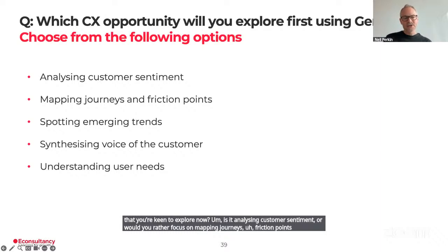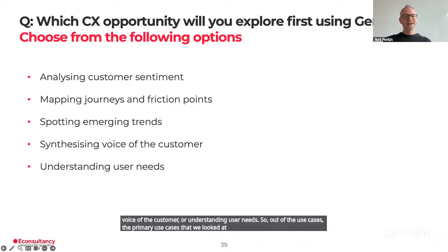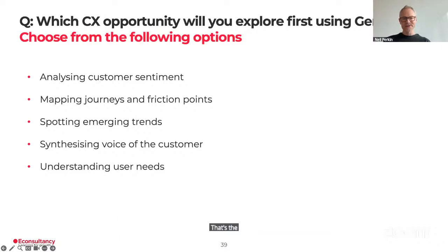Maybe spotting emerging trends, synthesizing voice of the customer, or understanding user needs. So out of the primary use cases that we looked at, where do you see the real opportunity to explore and do more of? That's the question. So I'll give you a bit of time to vote on that.